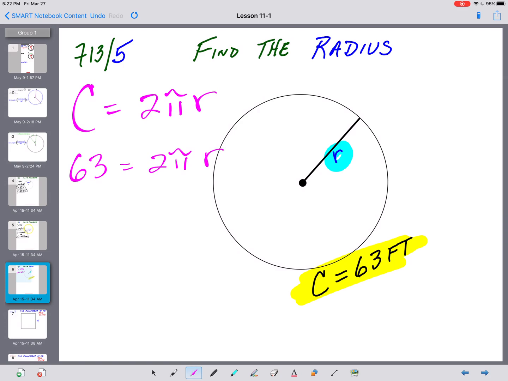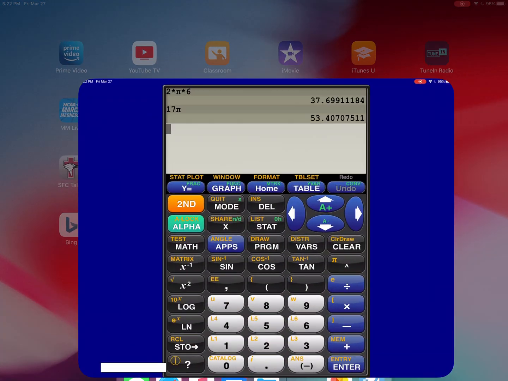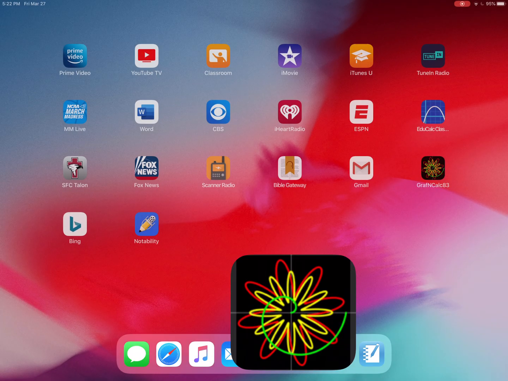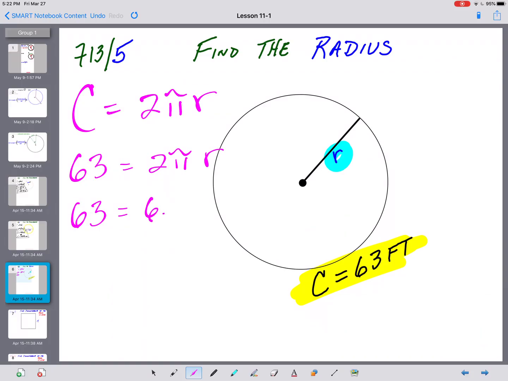Solve for r. What I like to do on this one is first multiply 2 times pi. I think we did that in our notes. Let's do it again. 2 times pi, there it is, 6.28. So 6.28 times r.